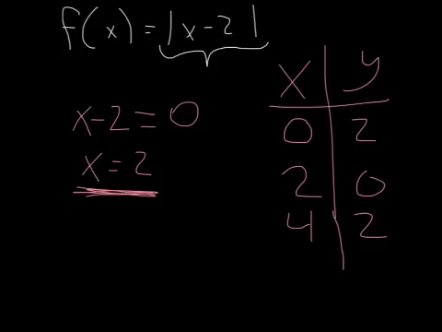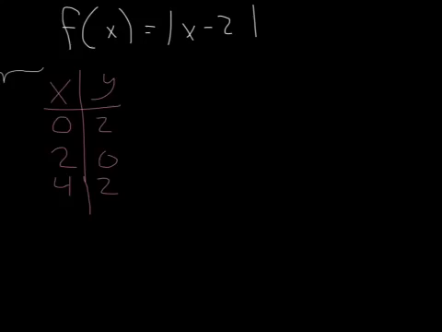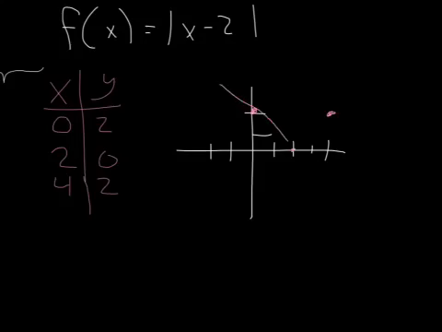So when I go to graph this, let me give myself my coordinate plane. I have the point 0, 2 here. I have the point 2, 0 right here, and the point 4, 2 right here. And I have my nice little v.